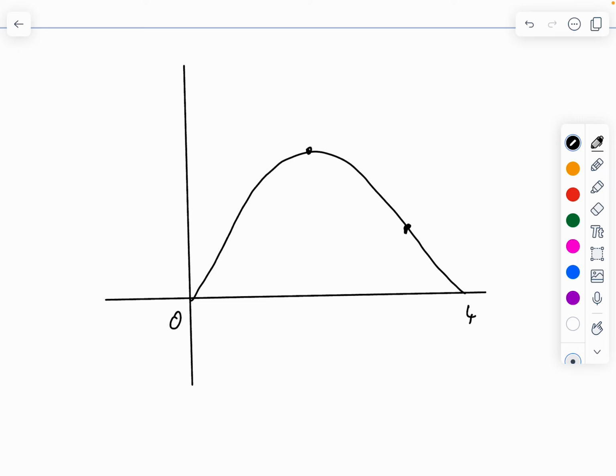These are the points that you need to mention in the graph. The maximum point is at 4 upon 3, and the point of inflection is at 8 upon 3. So in this way you sketch the graph and shade. Don't forget to shade the region.